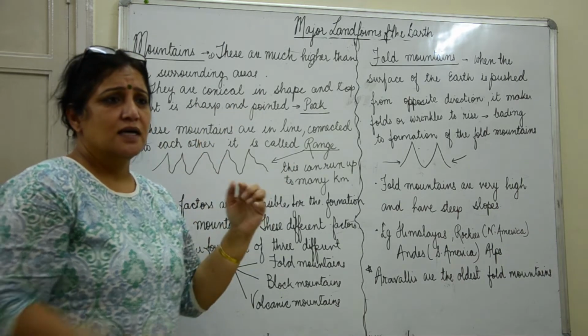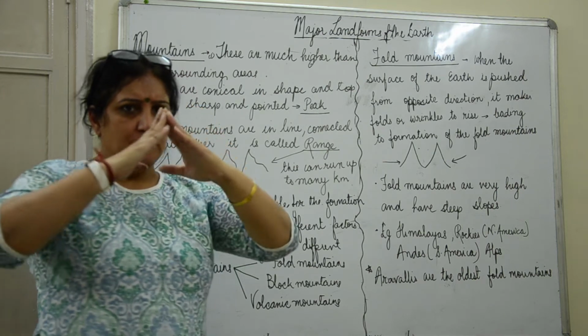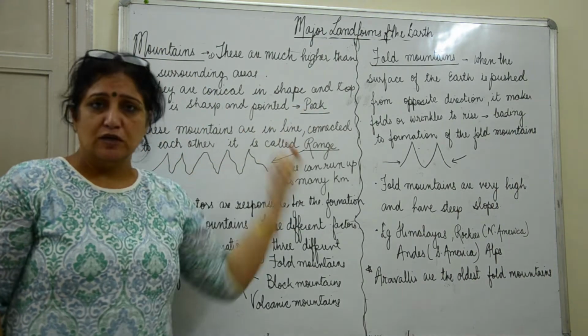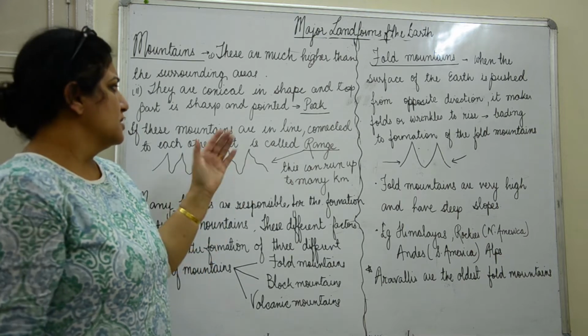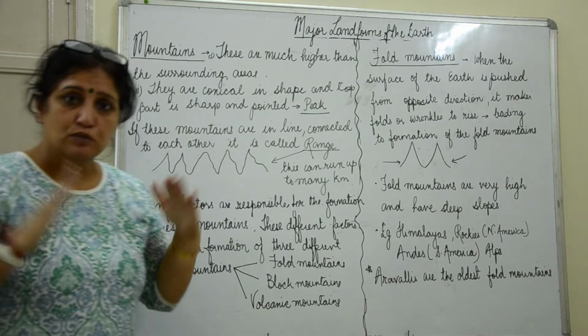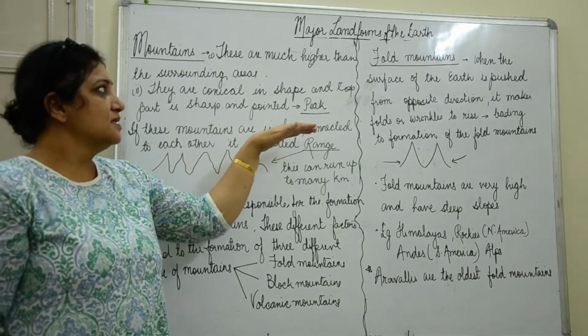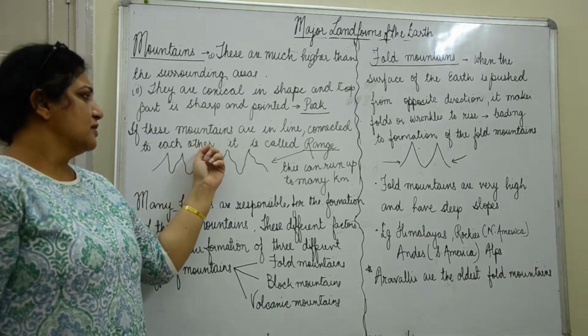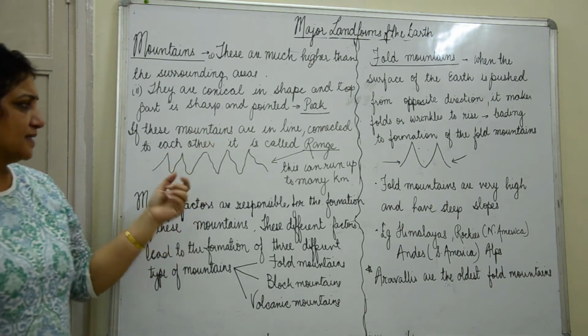When I say hills, they are not so conical in shape. Now this is a mountain. The top part is the sharpest one, which is called the peak of the mountain. Something which you drew when you were in younger classes. Hills are also high areas, but they are lesser than mountains in height, and their top portion is rounded up. This is an example of a hill.